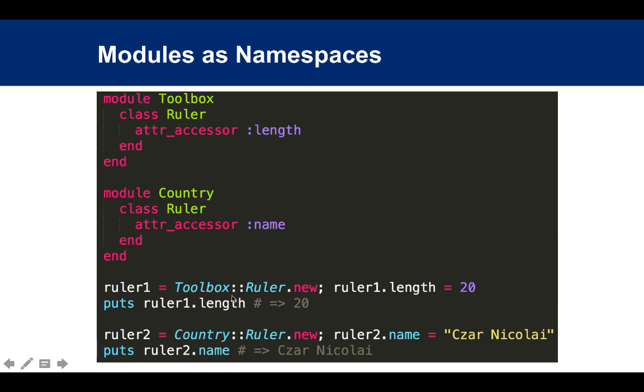And then you'd use this funky operator, this colon operator, to instantiate the class. So then you would say Toolbox::Ruler.new, and then you're talking about the toolbox ruler, as opposed to the country ruler, which belongs to the Country module.